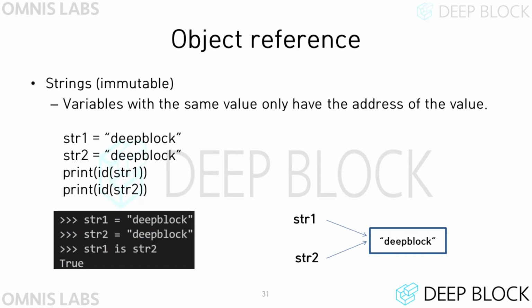In Python, immutable data types refer to the same address. For example, if you store the string deep block in both string1 and string2, the Python interpreter stores the same address in the string1 and string2 variables, and deep block is stored in that space. Of course, all variables need a space to store the address of their value.